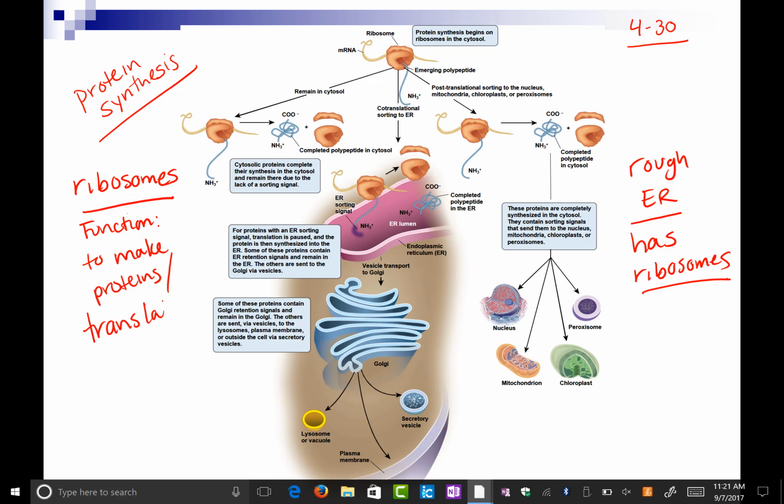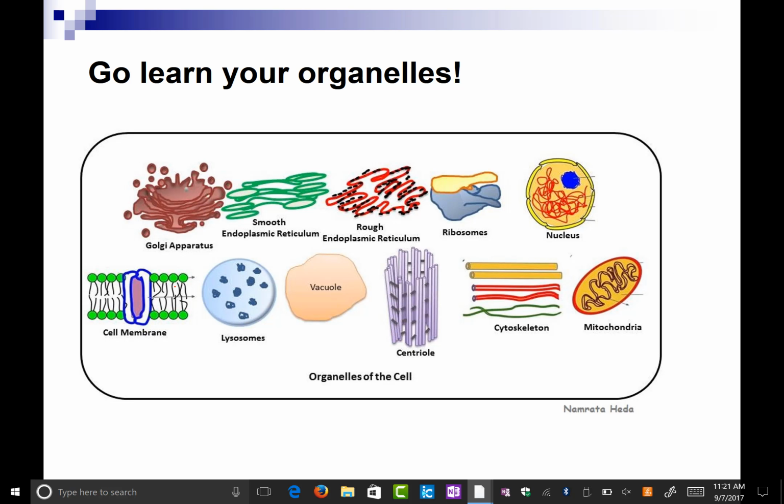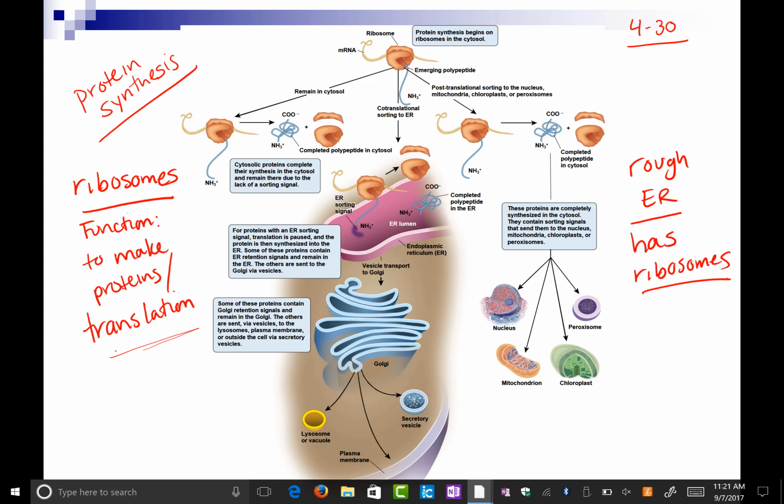And I want you to know that translation can happen in the cytosol or on the rough ER, depending on where that protein is going to go in the cell. Okay.